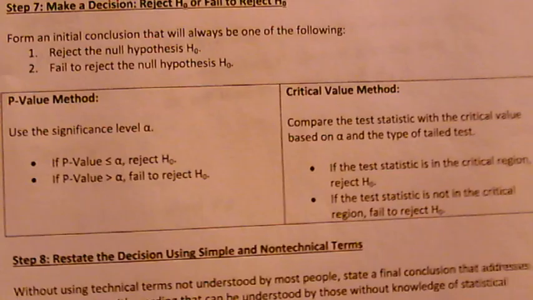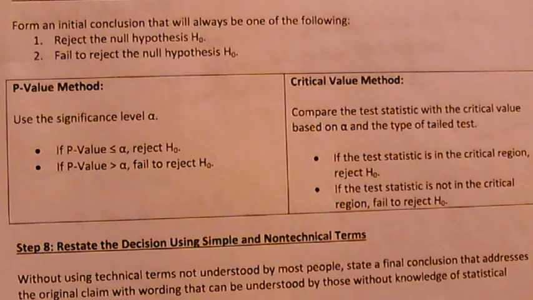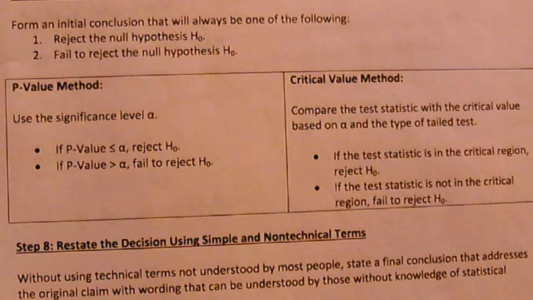Okay, now, if we were to use the p-value method, we compare the level of significance with our p-value. And if that p-value is less than or equal to alpha, then you reject the null. Or if the p-value is greater than your alpha level of significance, you fail to reject the null hypothesis.